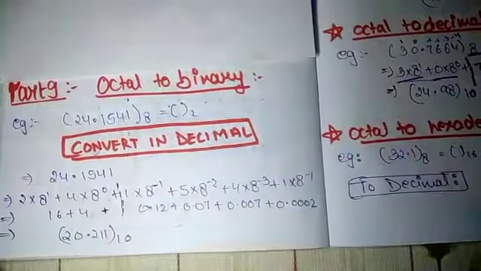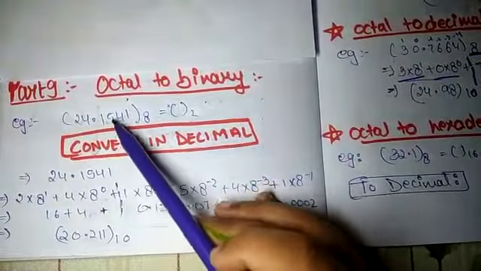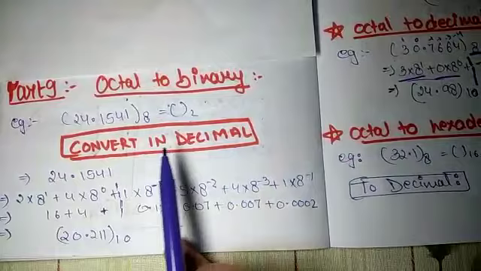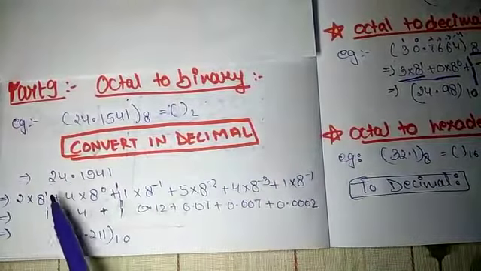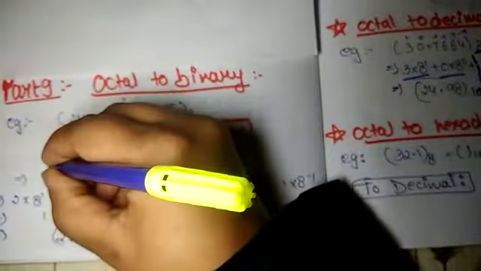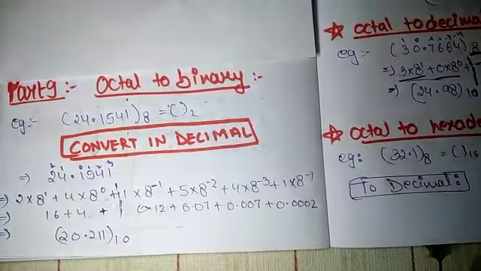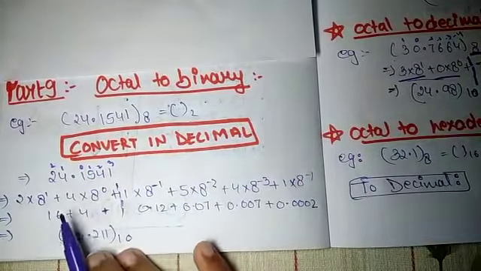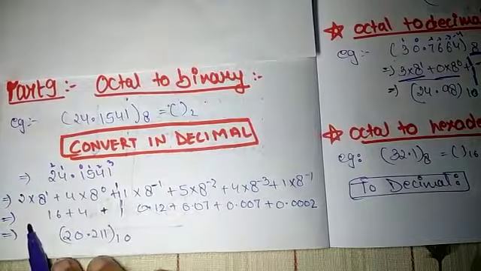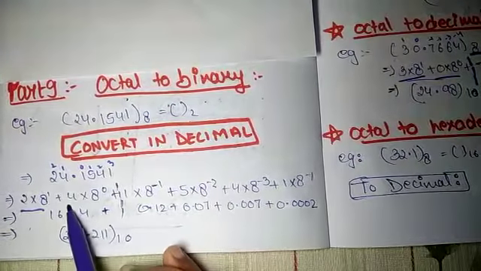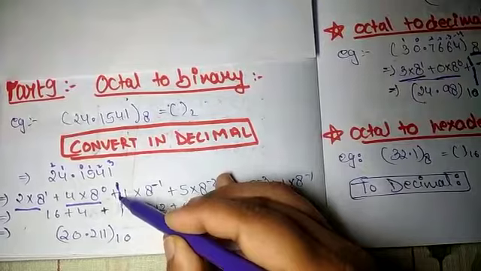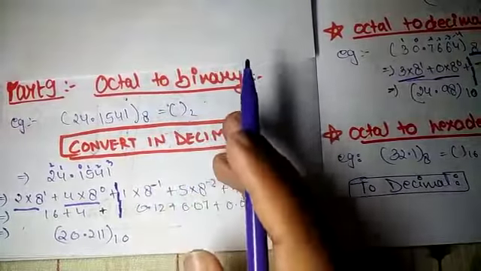So this is the question 24.1541. Converting to decimal, we multiply by powers of 8: 1, 0, 1, 2, 3, right? So these are the powers of 8. So 2 into 8 power 1, 4 into 8 power 0. There is a separation over here only for our convenience.